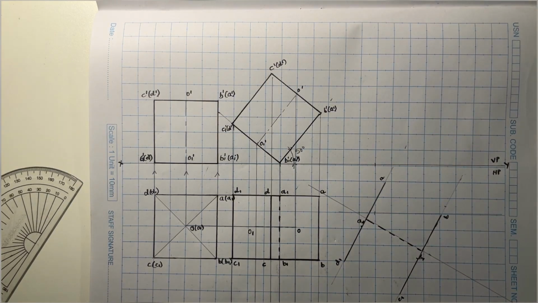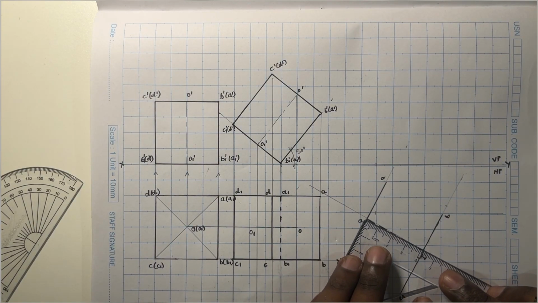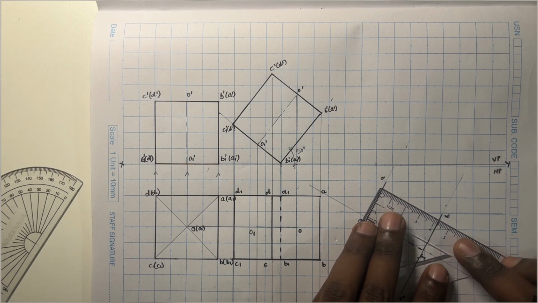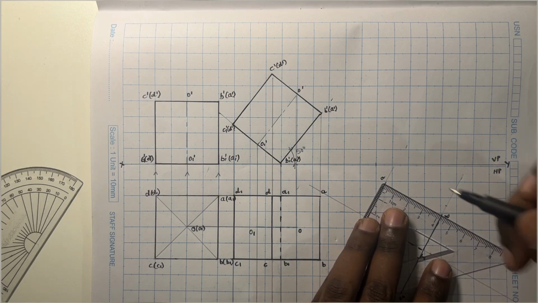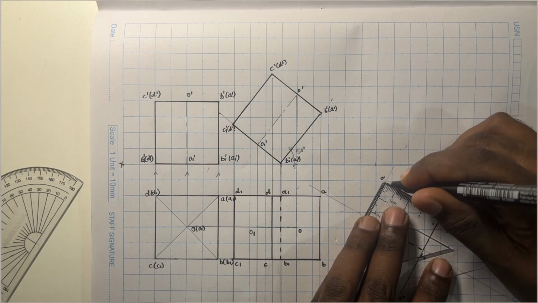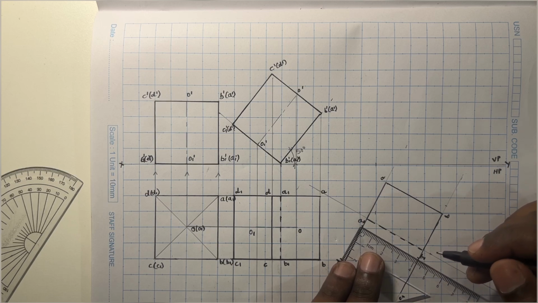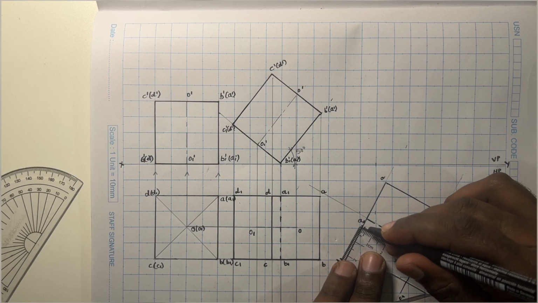Let me use the set squares to draw the perpendicular lines. So this line is perpendicular, that is 90. I'll just slide my set square and complete the 90-degree line from A1 to B1, and similarly from these 2 points to get the straight line.